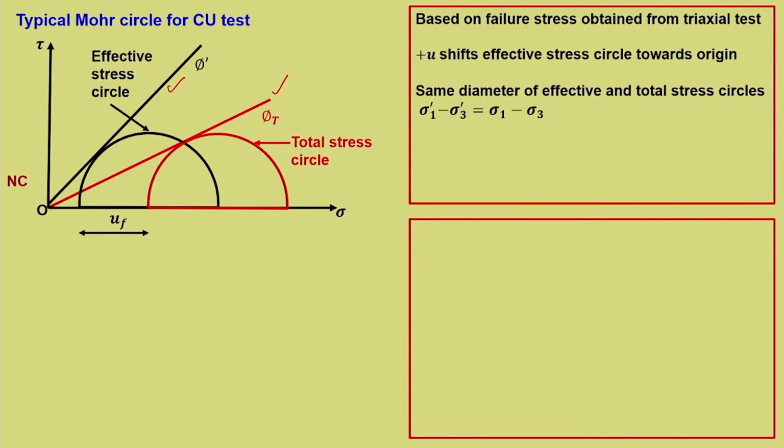Same diameter for effective and total stresses because sigma 1 dash minus sigma 3 dash is equal to sigma 1 minus sigma 3. MC failure envelope passes through origin. Now, this is a very important information which you have to keep in mind.